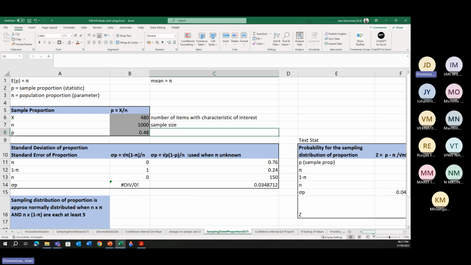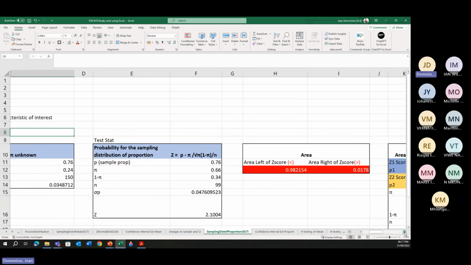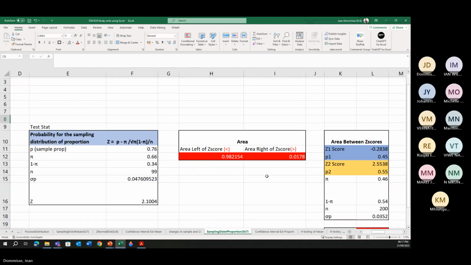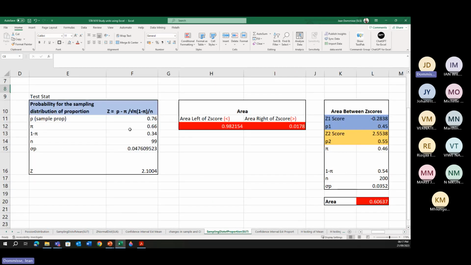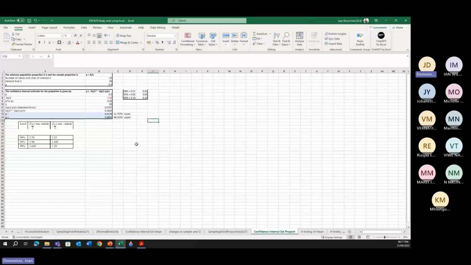Okay, so let's see on this where we need to work and look. I just want to get to the right one.